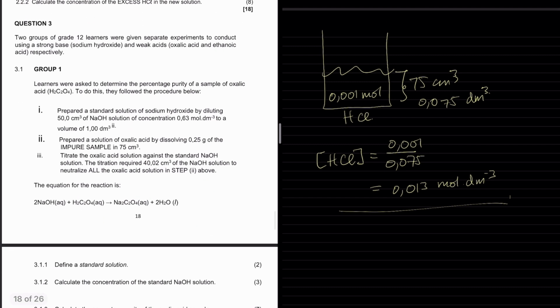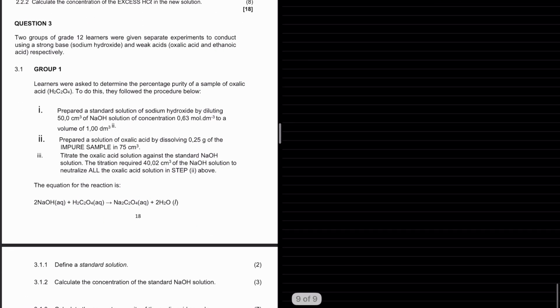Okay, let's take a look at question number 3. 2 groups of grade 12 learners were given separate experiments to conduct using a strong base and weak acids. Group 1 learners were asked to determine the percentage purity of a sample of oxalic acid. To do this, they followed the procedure below.